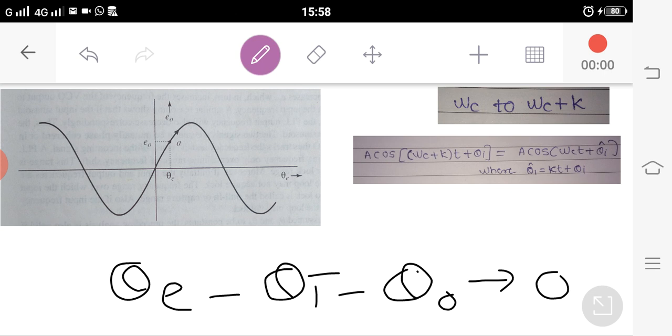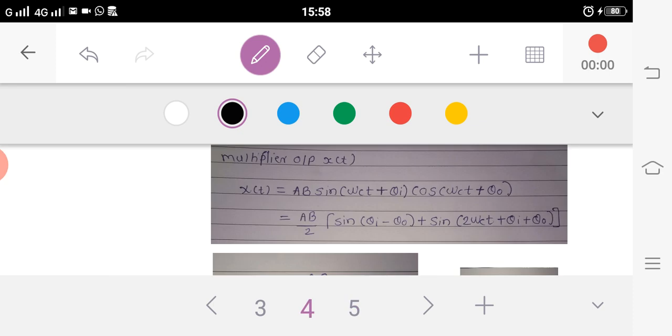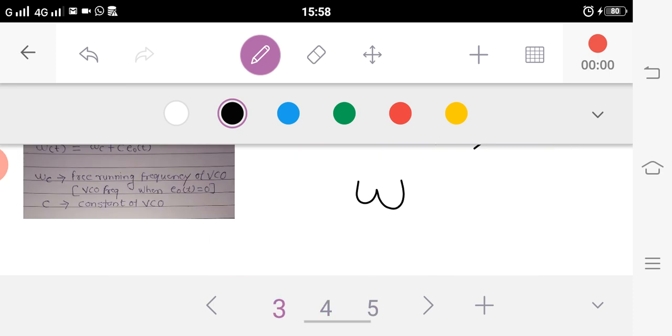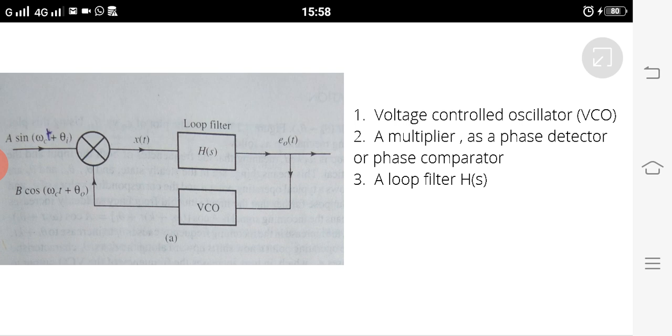Now, in another application of the PLL, consider a space application, for example a space vehicle. Because of the Doppler shift and the oscillator drift, the frequency of the received signal has a lot of uncertainties.